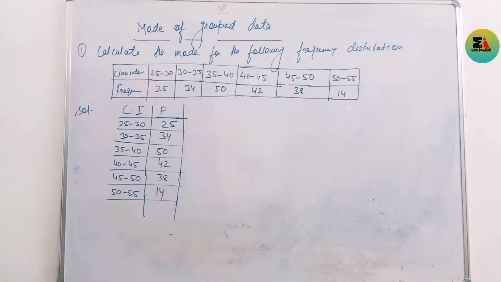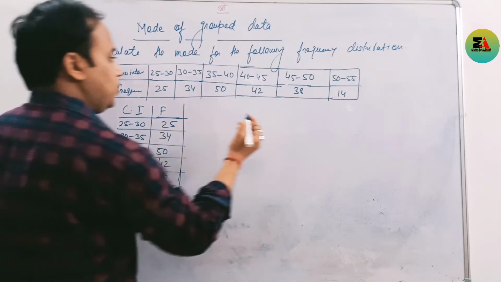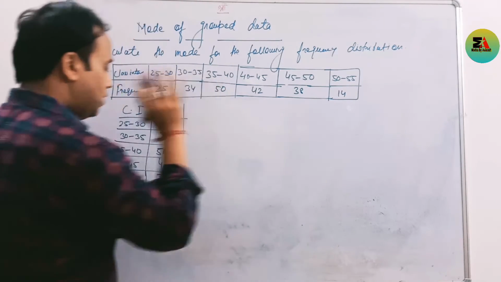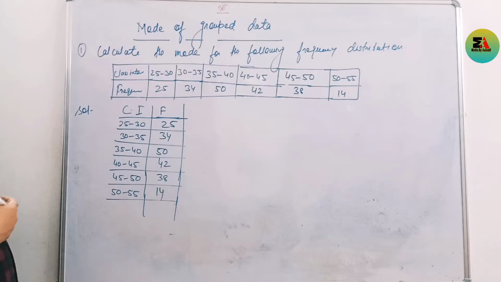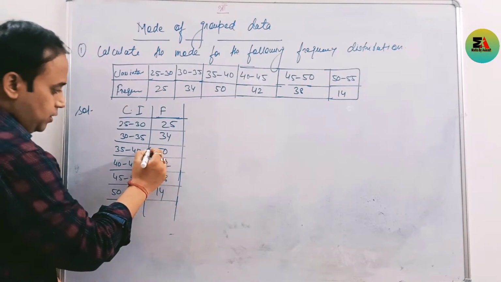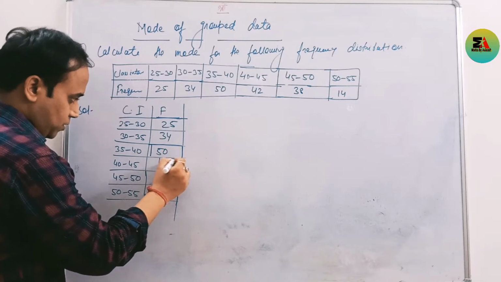Now see, first we write the formula here. First we have to check which frequency is the maximum. If you see, 50 is the maximum.